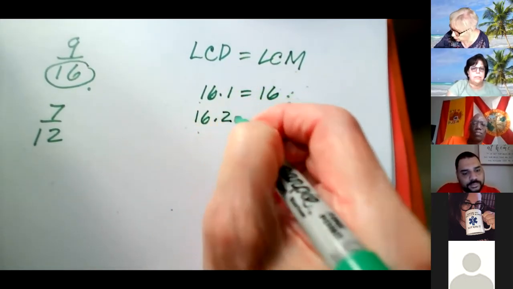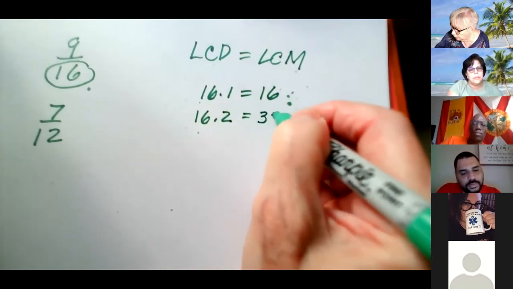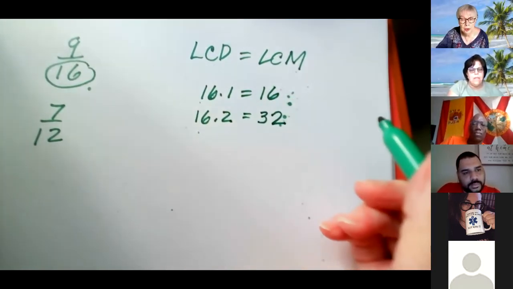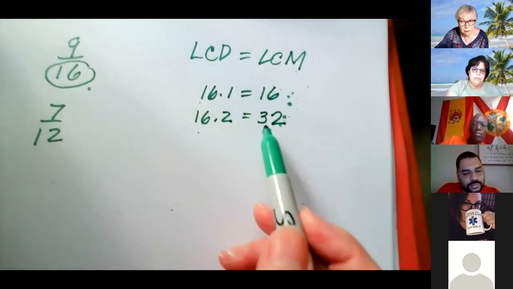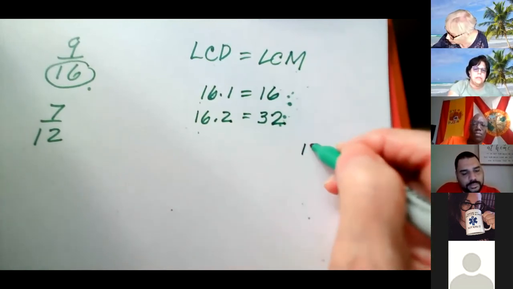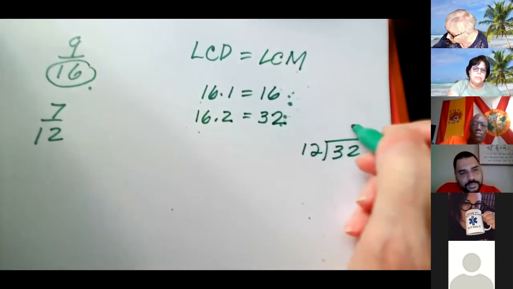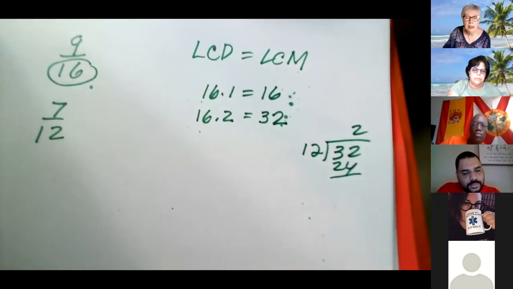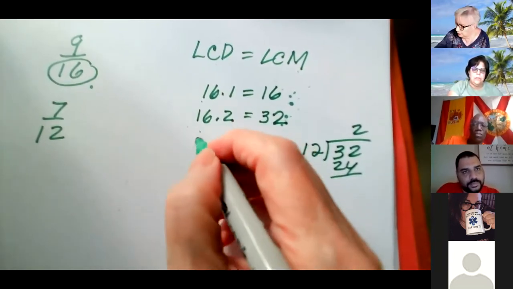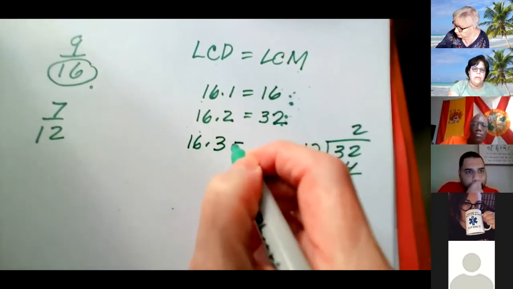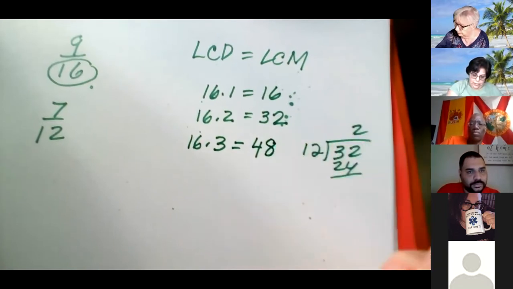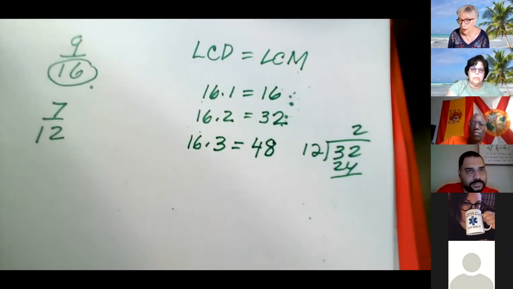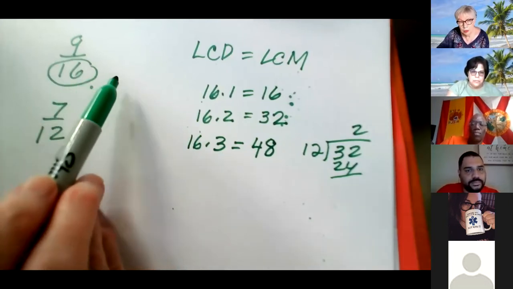16 times 2 is actually 32. You can do it on the side if you need to, but 12 doesn't go into 32. You could try it, but it doesn't go in evenly. 16 times 3 is 48.